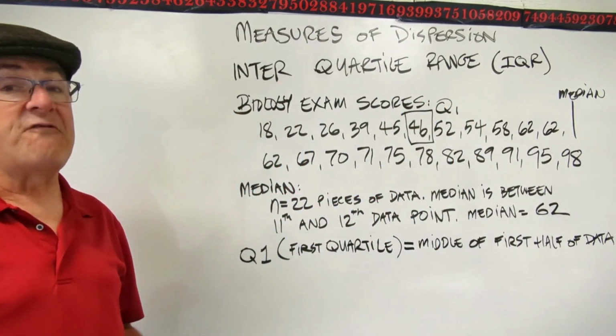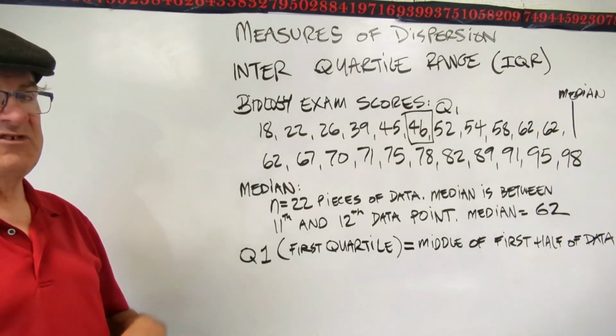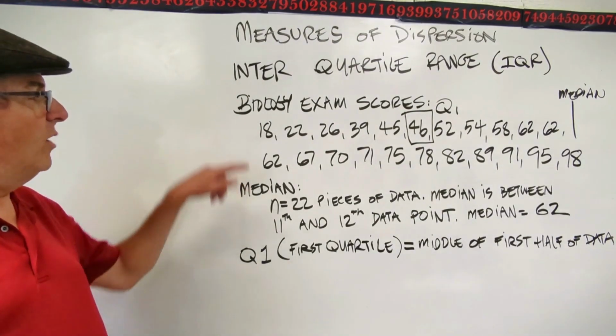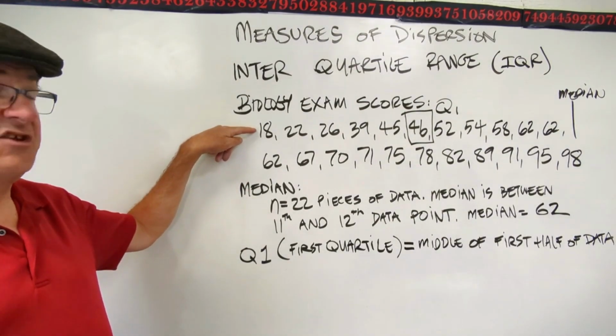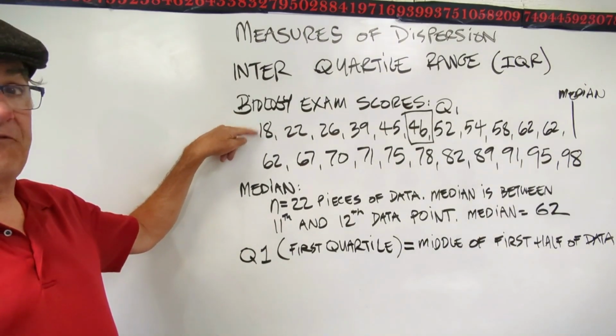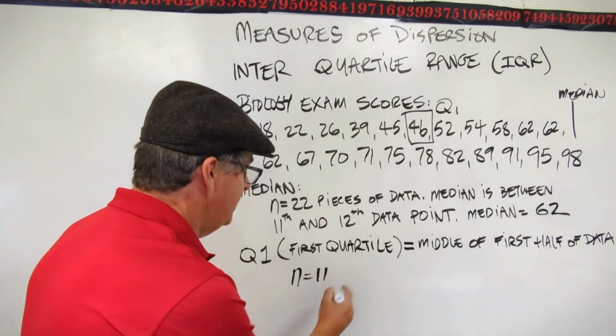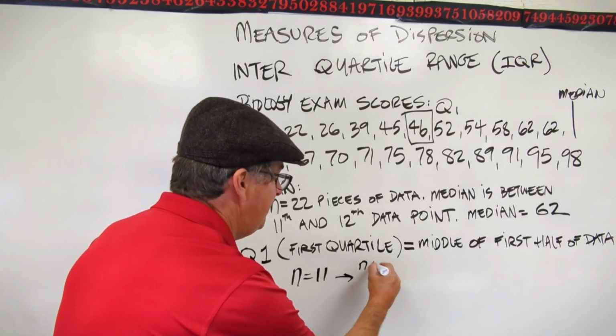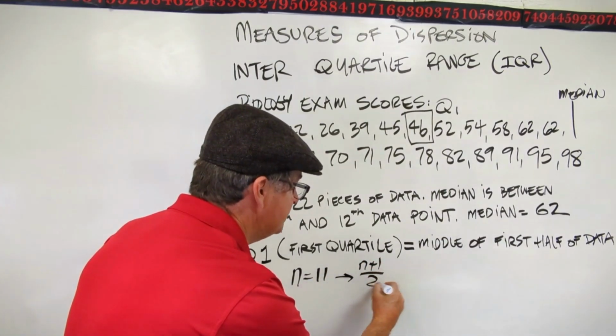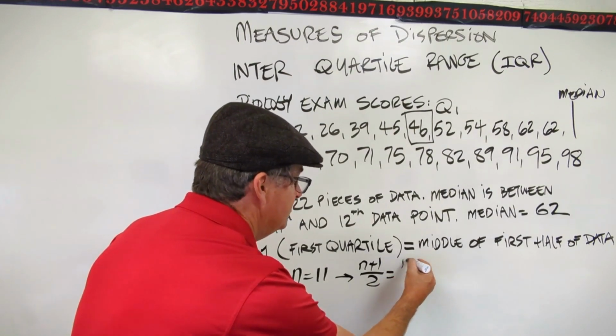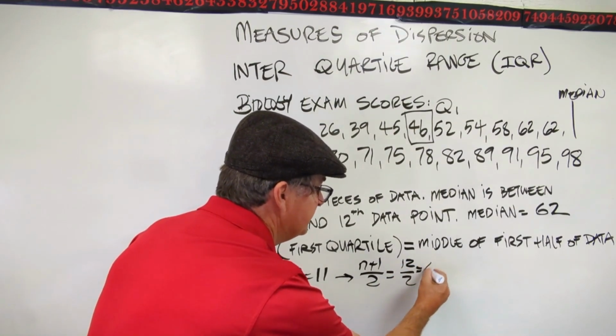But there's also a formula that helps you do that. So if you want to do it that way, you can. What you do is you take your n, the number of terms for your first half. So that's n equals 11. And then you do n plus 1 over 2, which is going to be 12 over 2, which equals 6.